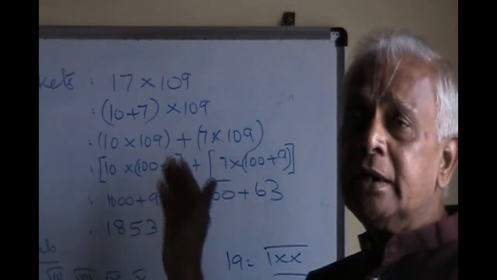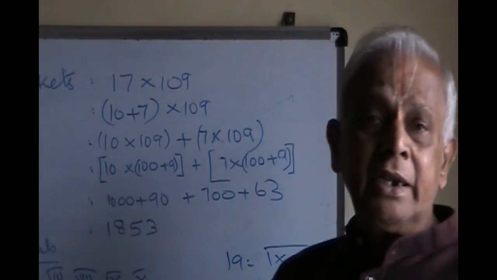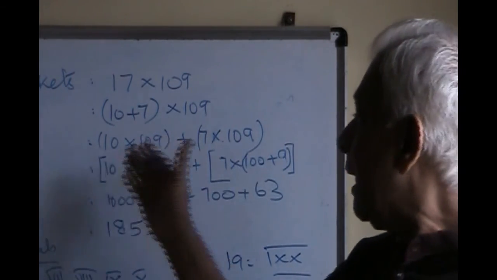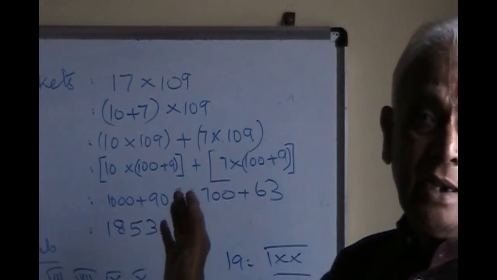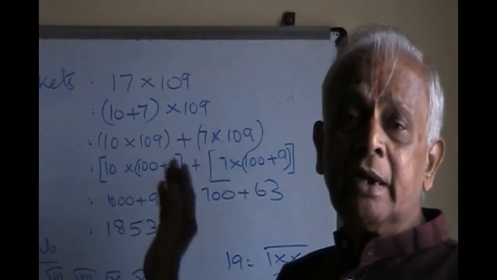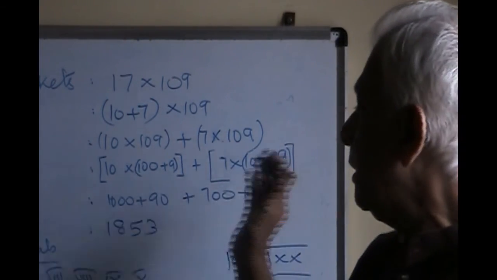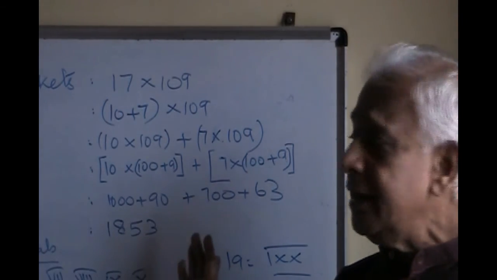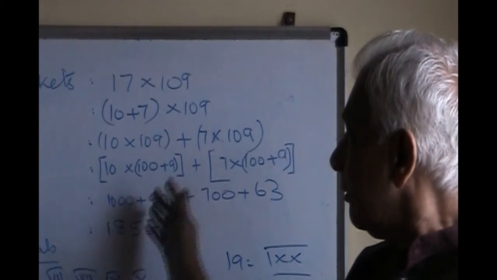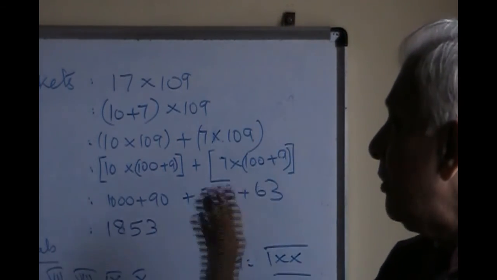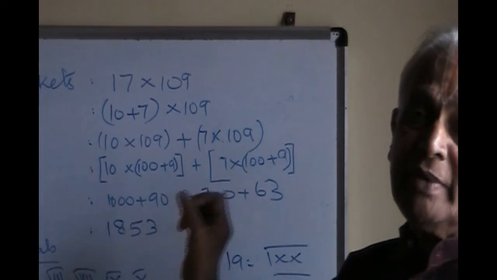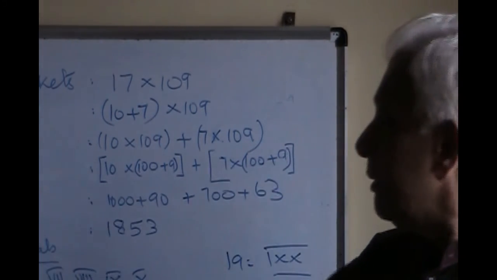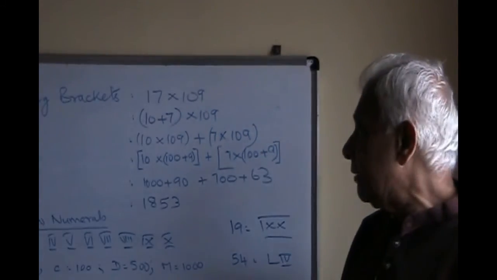So this 10 into 109 becomes 10 into 100 plus 9, and the other number 7 into 109 becomes 7 into 100 plus 7 into 9. So when you expand the numbers, you have to first remove the brackets from inside before going on with the other outside numbers.